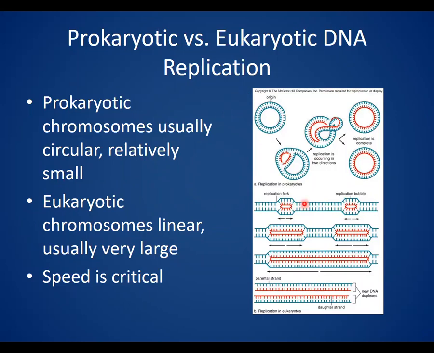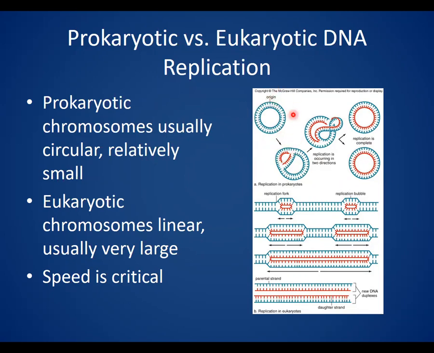We are almost done. I just wanted to contrast DNA replication of prokaryotes, bacterial cells, versus eukaryotes, plant and animal cells. Prokaryotic chromosomes are pretty small usually, and they're usually circular.